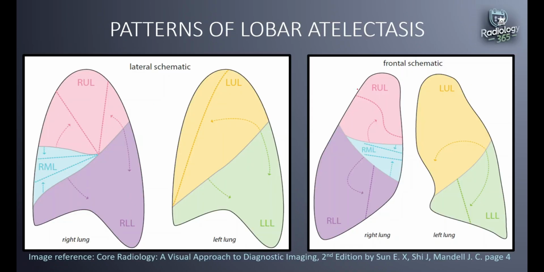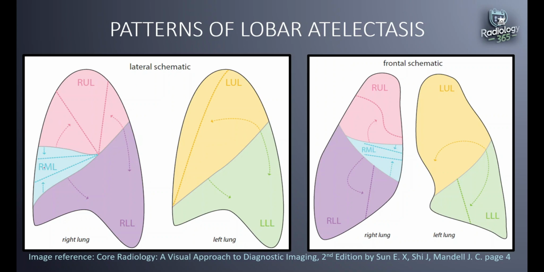All right, let's take a look at these schematic diagrams and pay attention to the fissures and how they move during collapse. This is the minor fissure, the right. This is the right upper lobe.